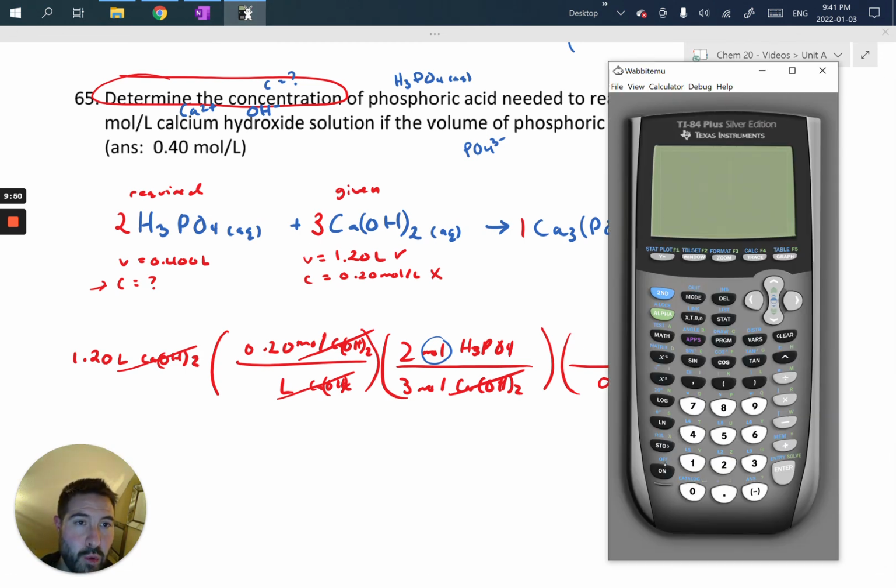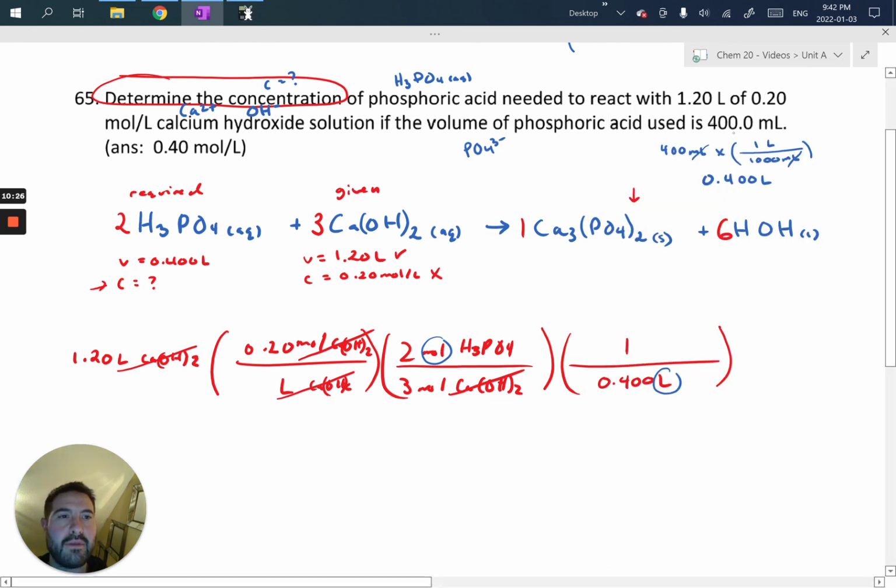I got my TI-84 Plus Silver Edition here. 1.20 multiplied by 0.2 moles per liter. Multiply that by the molar ratio, 2/3, and then multiply that by 1/0.4 liters, and I get my answer here, 0.4.